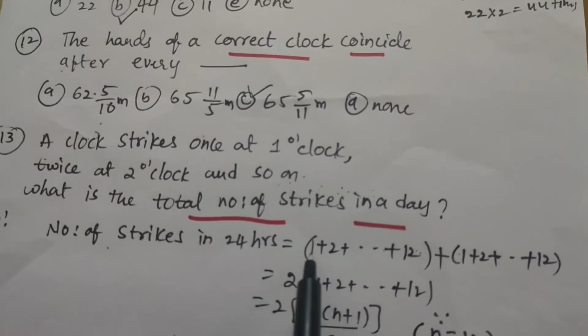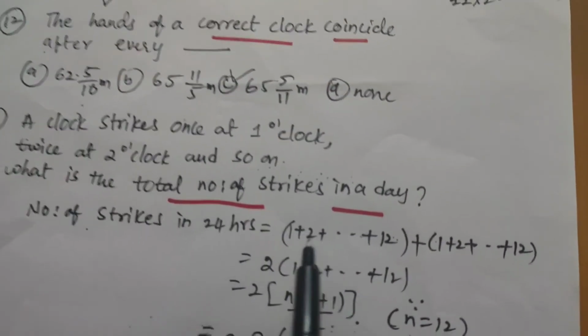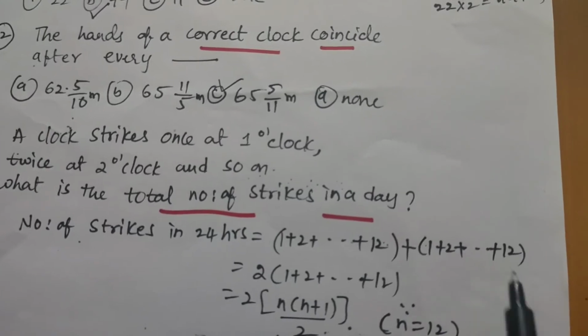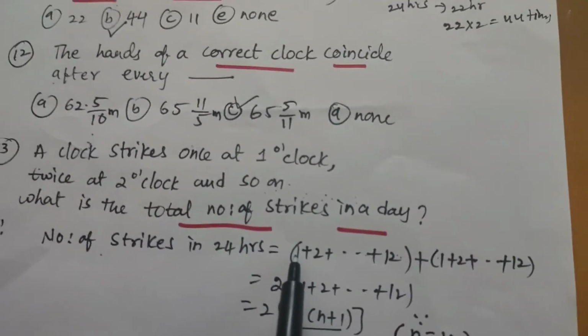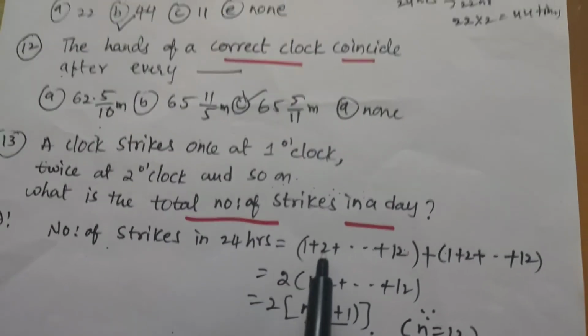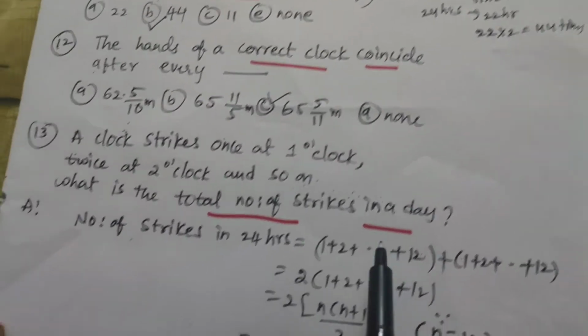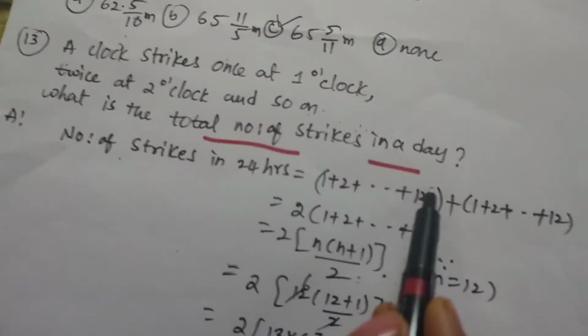Here we divide 24 hours as 12 hours plus 12 hours. For 1 o'clock one strike, when the time is 2 o'clock 2 strikes, like that up to 12 strikes.